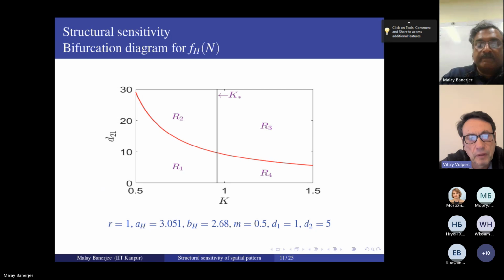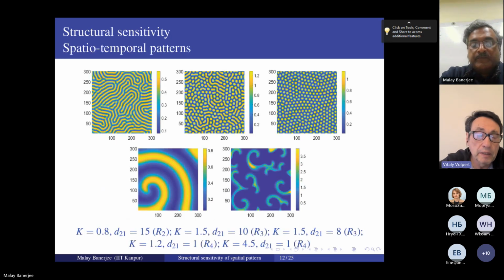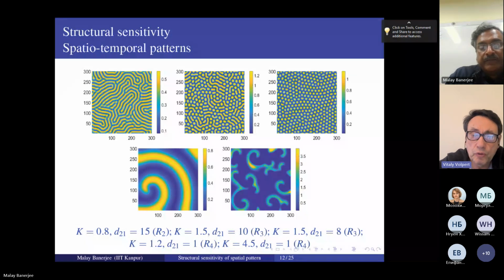Some of these patterns indeed can appear near the stability boundary, but probably spiral patterns do not. So they don't appear as a result of, as far as I know, small perturbations of this homogeneous in space stationary solution. So could you comment, please, how these patterns which we observe here are related to the diagram in the previous slide? So is it close to the stability boundary or is it far from the stability boundary?